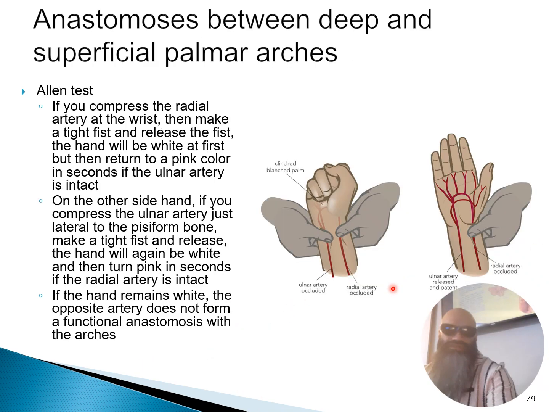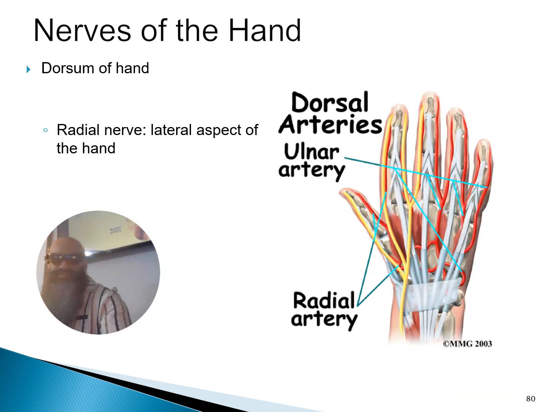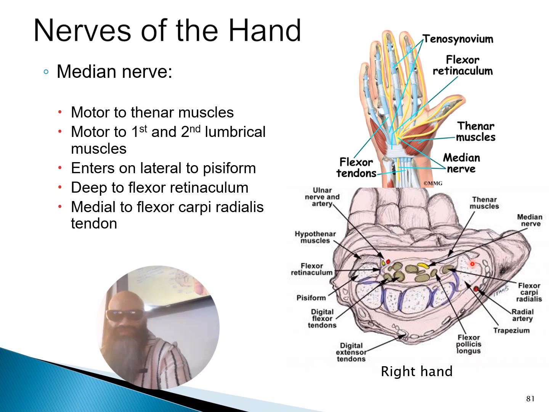The Allen test is something you learn in PD class. You basically press down on both of them and see if the color comes back or not. And obviously the nerves: radial, ulnar, median nerve distribution, musculocutaneous nerve, axillary nerve. Those are ones I'll need.